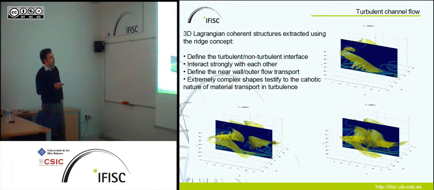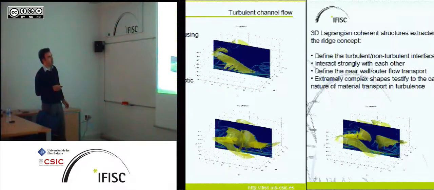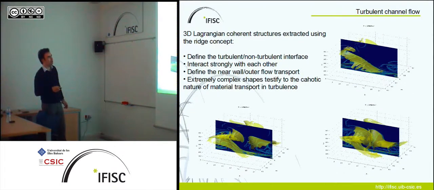I've only plotted the strongest structures, because if I plot everything it would be very hard to understand. You can see that the surfaces stand exactly at the separation between a region with a lot of high finite-size Lyapunov exponent organized as lines, and a region almost completely devoid of finite-size Lyapunov exponent.